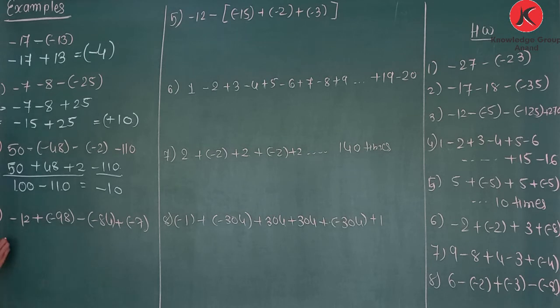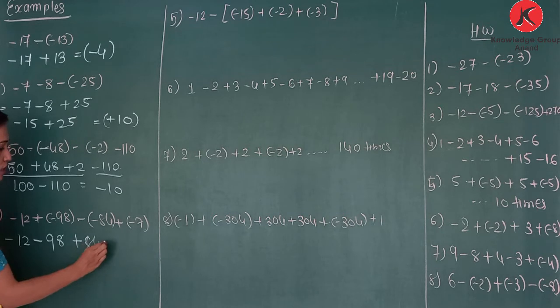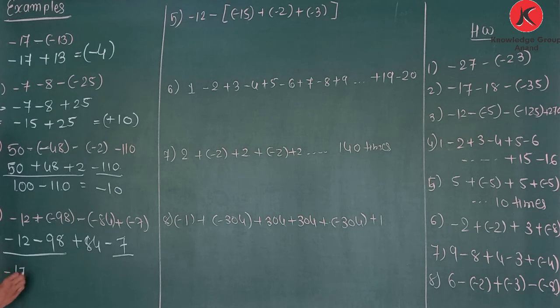Next one, minus 12 plus minus. If two signs are same, it is positive. If two are different, then it is negative. 98 minus plus 84 plus minus 7. Now combine the negative terms. So these three are negative: minus 12, minus 98, minus 7, plus 84.